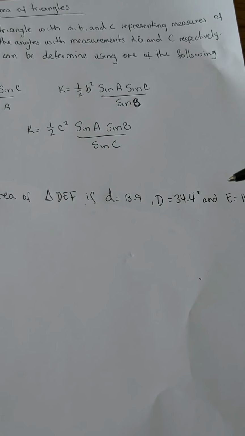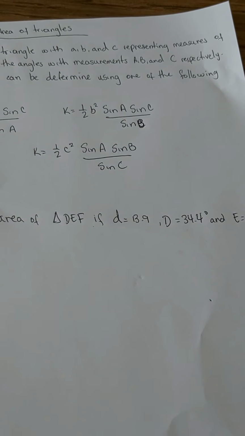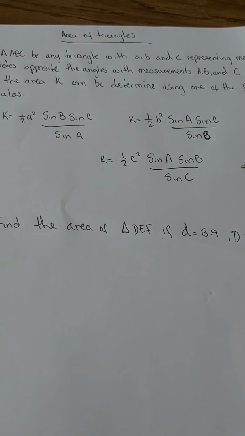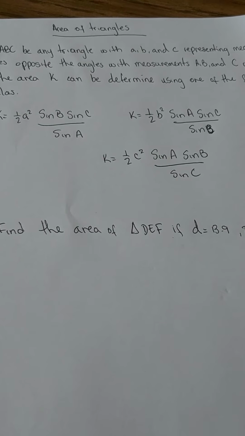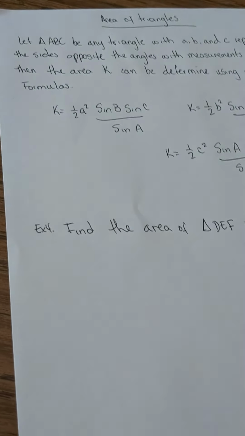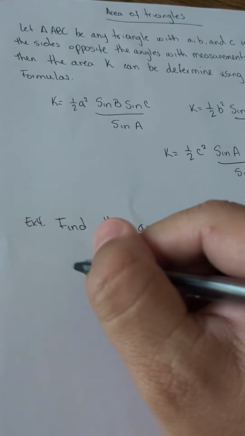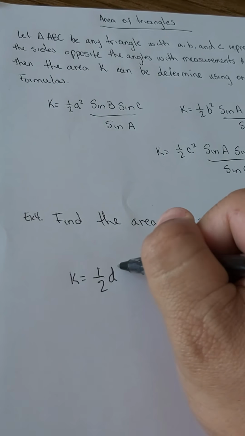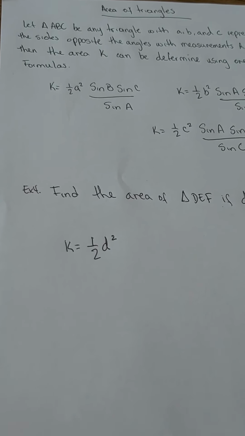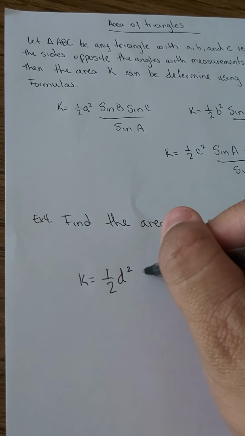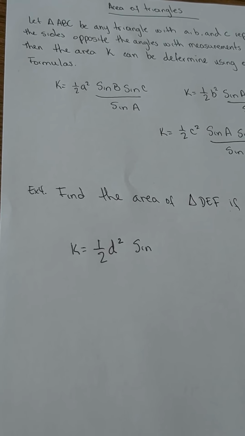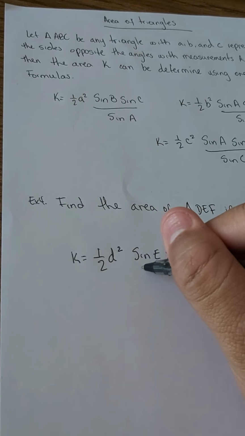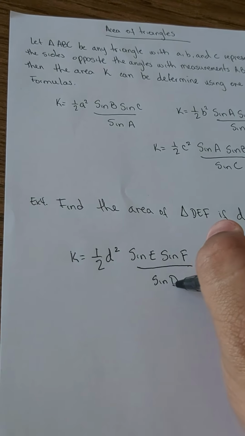In this case, they gave us angles D and E, and we know side D. So the formula for this area will be K equals 1/2 D squared, because that is the side that we know, times sine of E sine of F over sine of D.